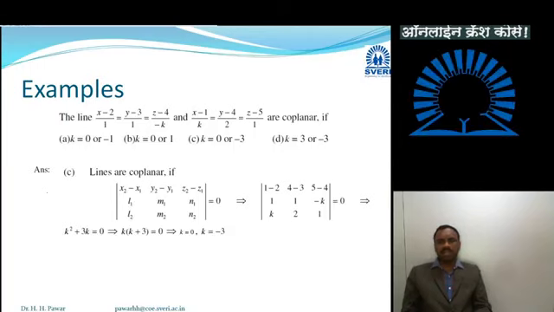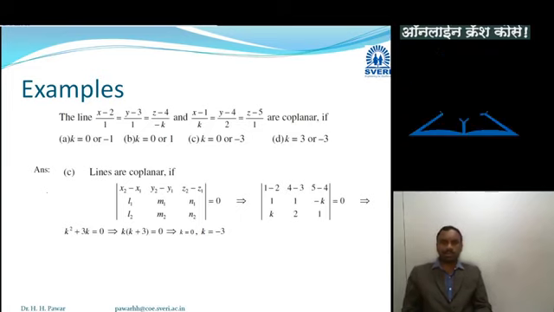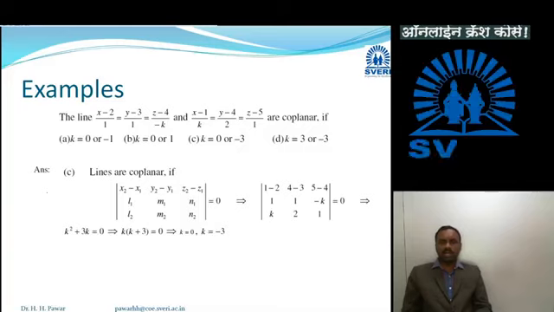As we know that if two lines are coplanar, then the determinant of x2 minus x1, y2 minus y1, z2 minus z1, L1, M1, N1, L2, M2, N2 is equal to 0.